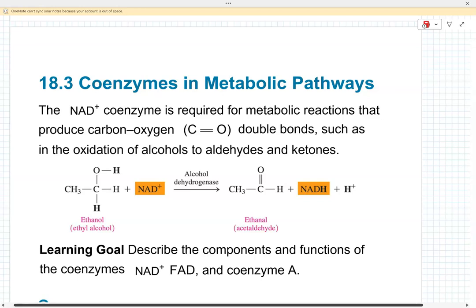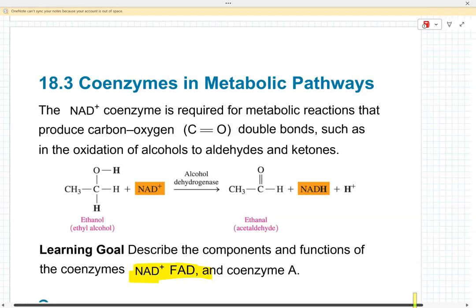So, in the process of energy generation, we oxidize, we strip molecules of electrons. The problem is those electrons have to be carried from one point in the cell to another. Electrons cannot exist by themselves, so the electron carriers, such as NAD plus and FAD, serve as coenzymes.